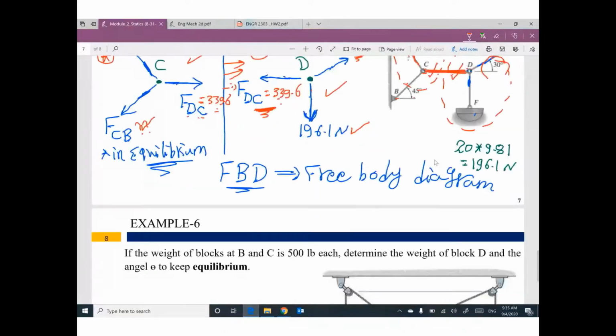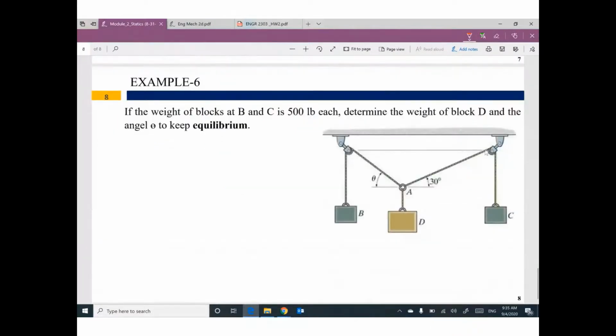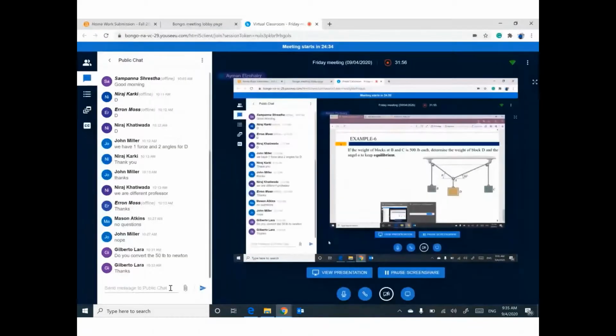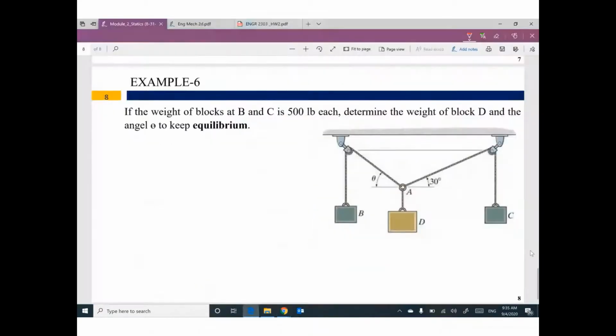We have one more example. Very easy. We have a weight. Gilberto, your question. We have weight blocks at B and C, each of them weighing 500 pounds.